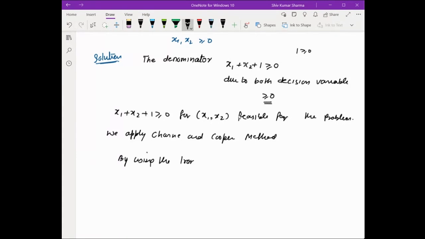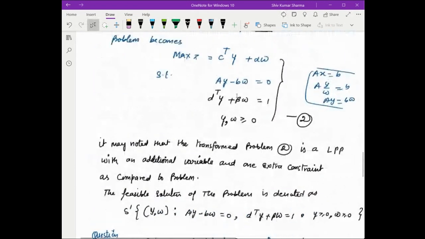By using the transformation, we put 1 upon the denominator x1 plus x2 plus 1 equal to omega. So you remember this.